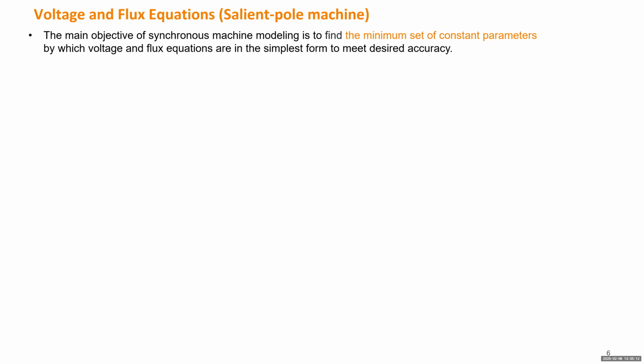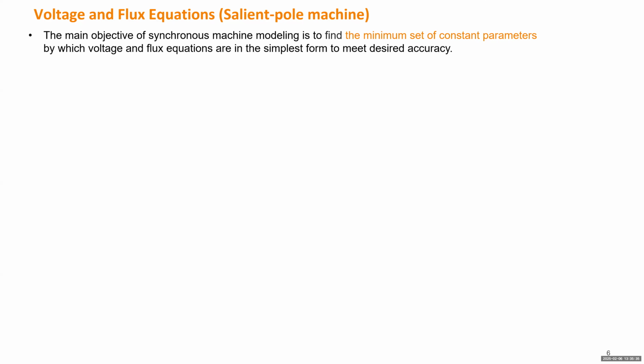Okay. And it will be important to make all the parameters constant. You don't want any parameter which will be a time function, changing with time. Then that's not a good model. It definitely needs to be a constant value. And also we don't want so many parameters, because it's possible some parameters are not independent from others.